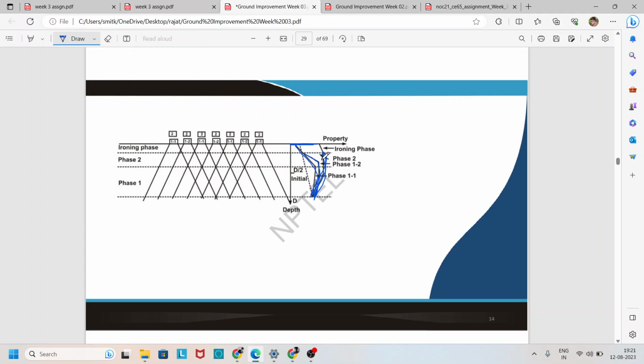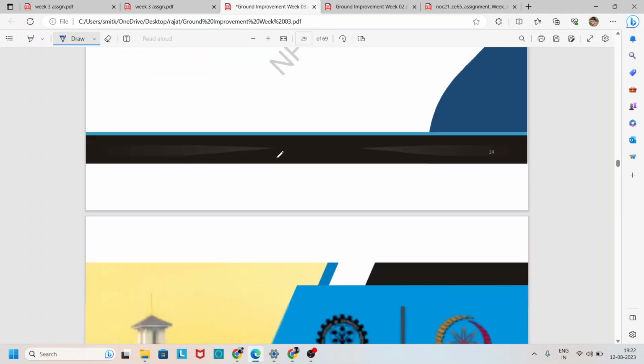So we fill the depressions with good geomaterial and apply the ironing pass on this ground. We can easily level the ground by the ironing pass after applying the deep densification.